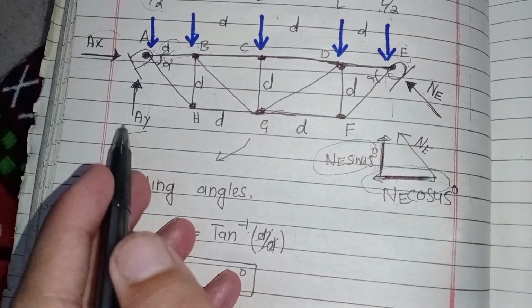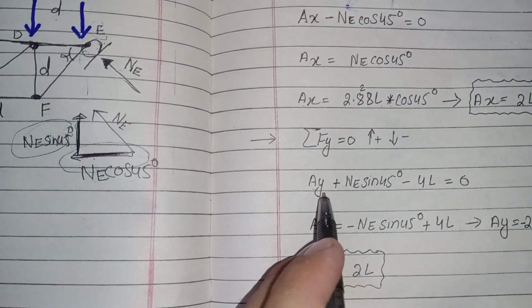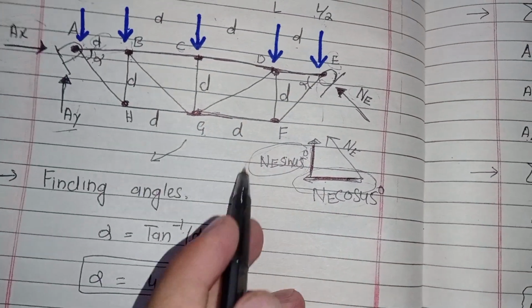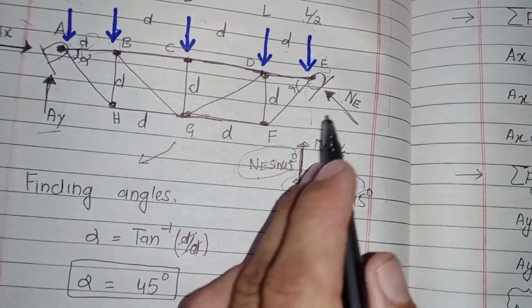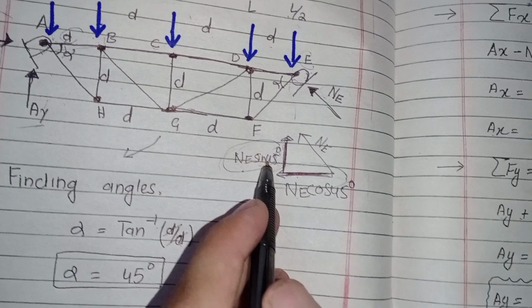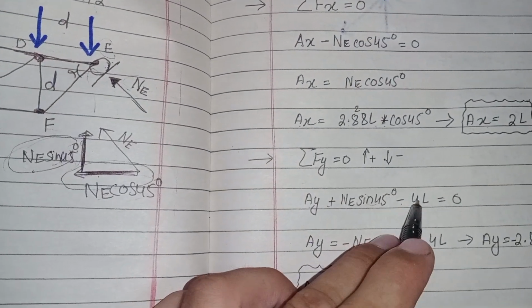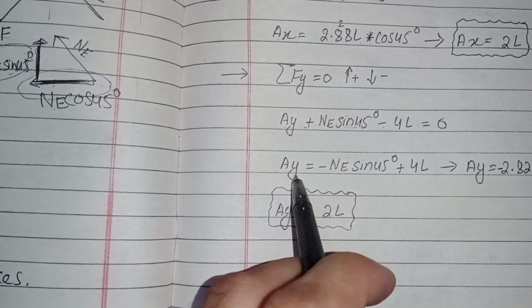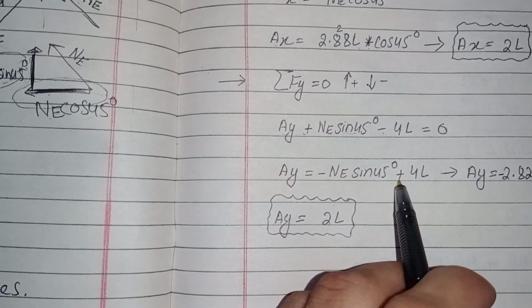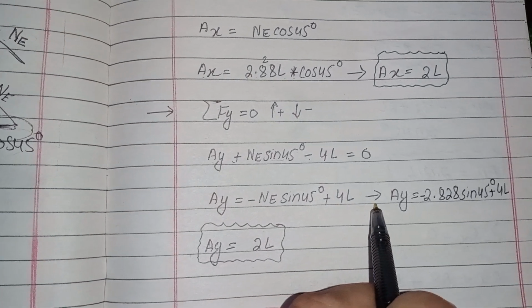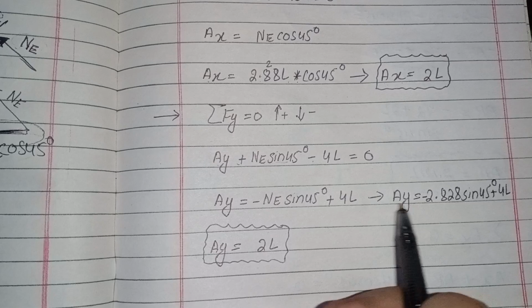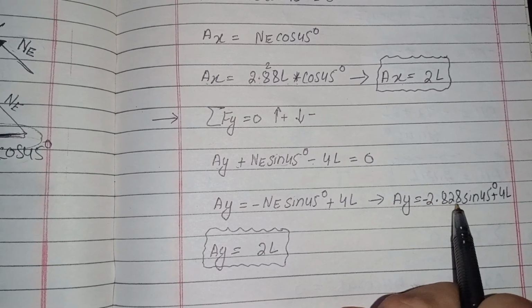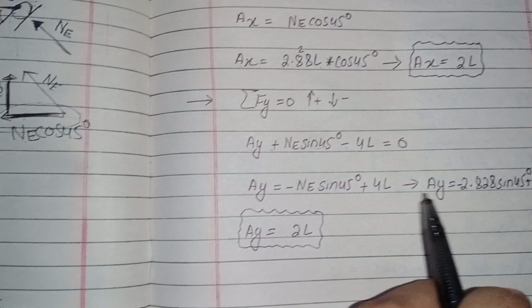So you know that AY, which is this force, and negative NE sine 45, which is the component of this force, and negative 4L equal to 0. AY will equal NE sine 45 plus 4L negative, so AY will equal 2.828 sine 45 plus 4L.